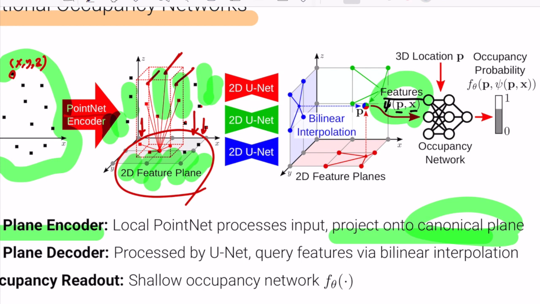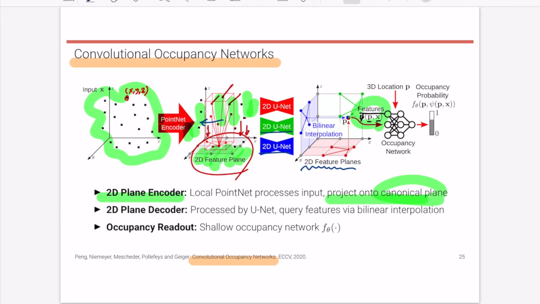Then we can directly apply a 2D UNet or 2D convolutional neural network to further encode the 2D feature information. Similarly, we can apply the same operation to the yz plane, then apply the 2D UNet, and project it to the xz plane, then process it with the UNet.